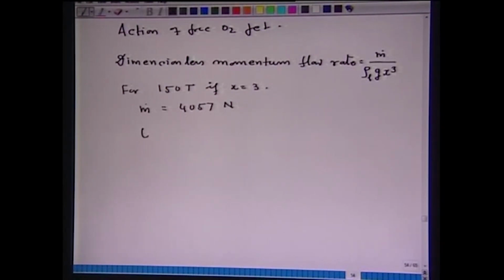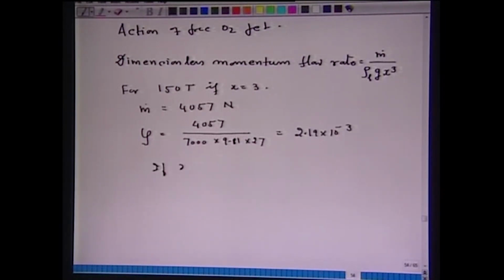Then if I calculate the dimensionless flow rate number psi, that is equal to 4057 upon 7000, the density of hot metal, into 9.81 into 27. So, this becomes equal to 2.19 into 10 to the power minus 3.